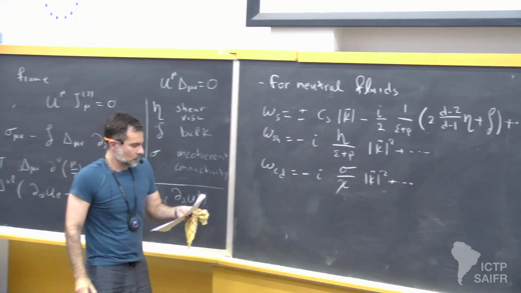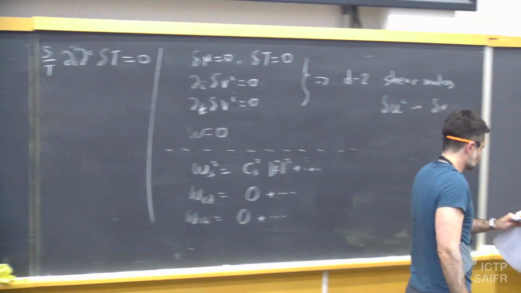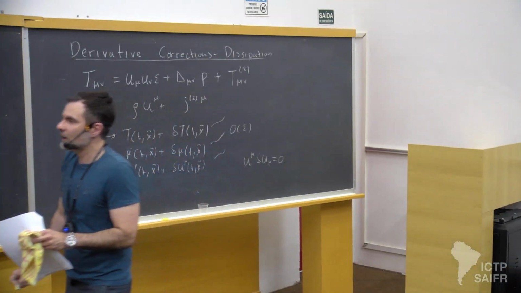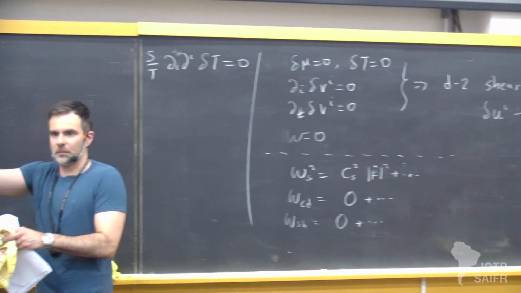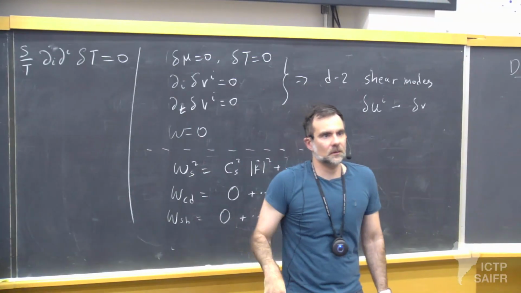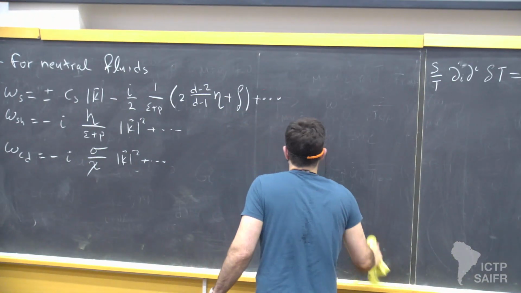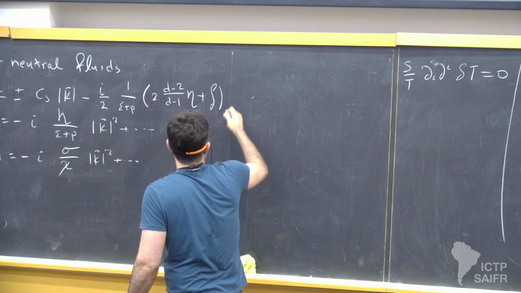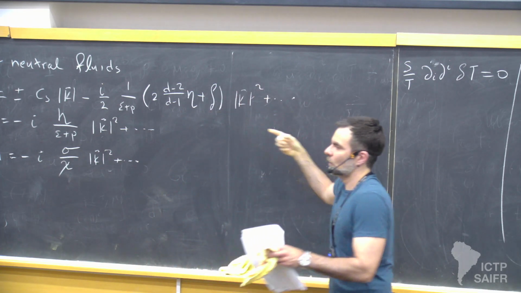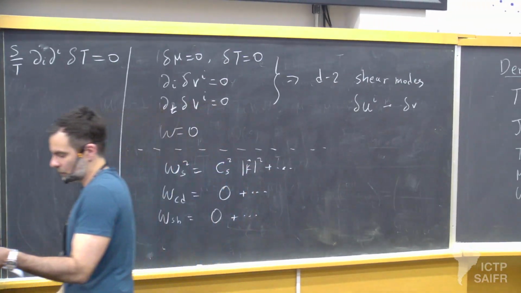Good. So you see that as soon as I start correcting my dispersion relations, these modes will start going down in the lower half plane, and I will start getting non-zero decay rates. Still, when I take k goes to 0, all three modes go to the origin, okay? Which is exactly what we were expecting to see, or hoping to see.